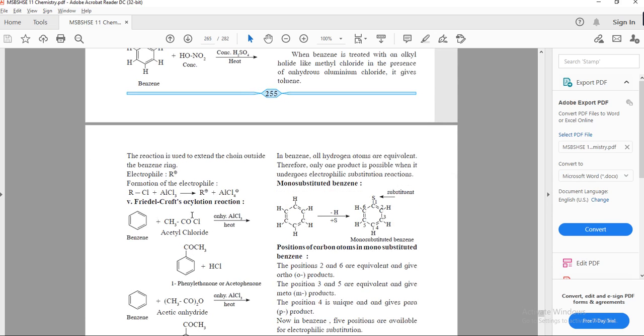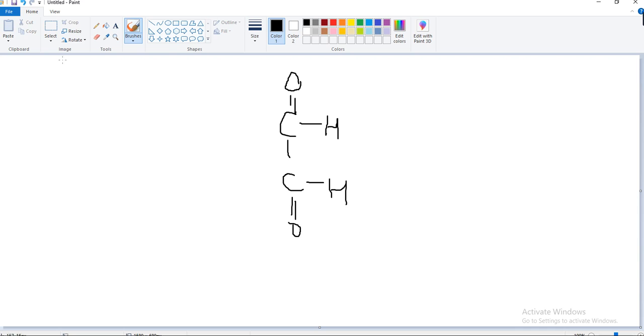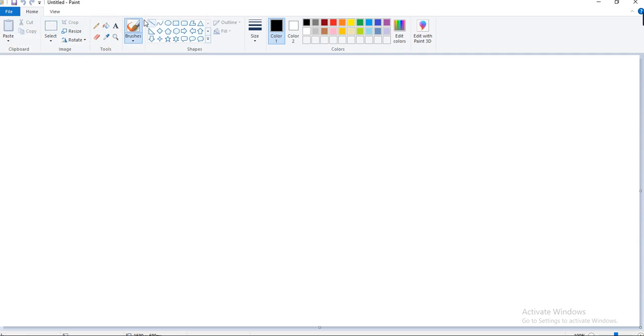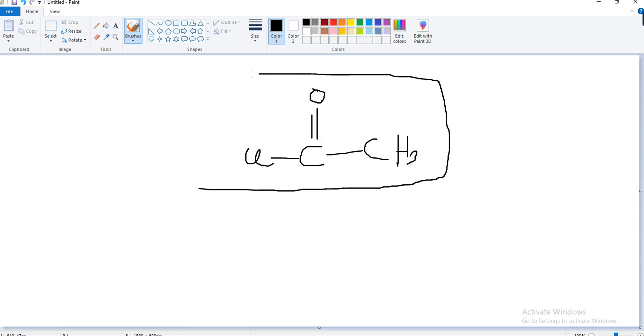So the next reaction is acylation. Now what is an acyl group? Acyl group is in CH3COCl. Just a minute. C double bond O, CH3, and Cl.